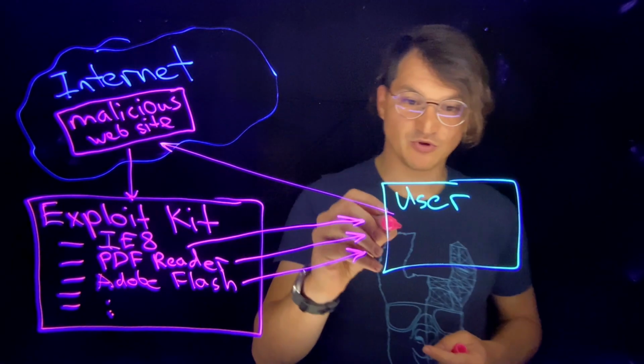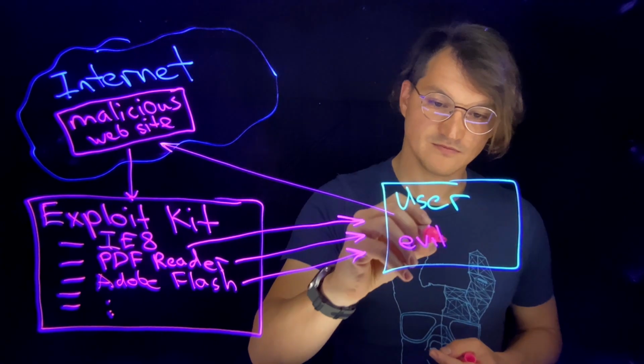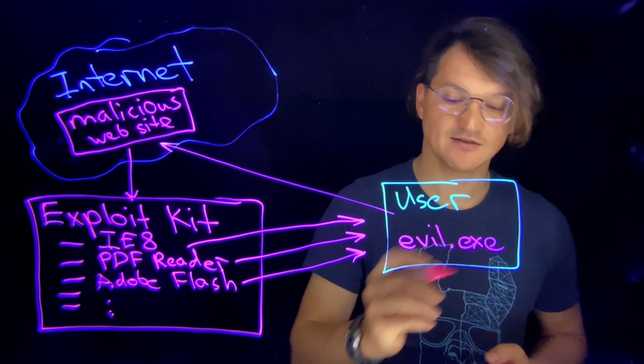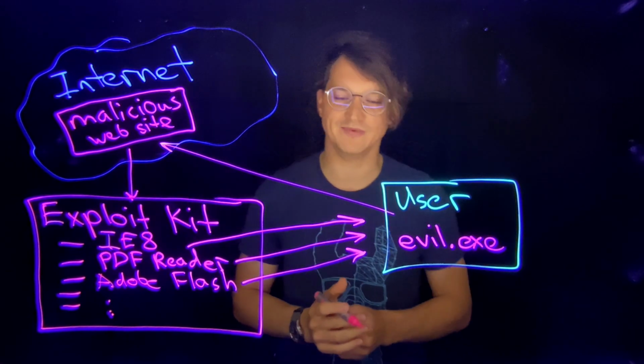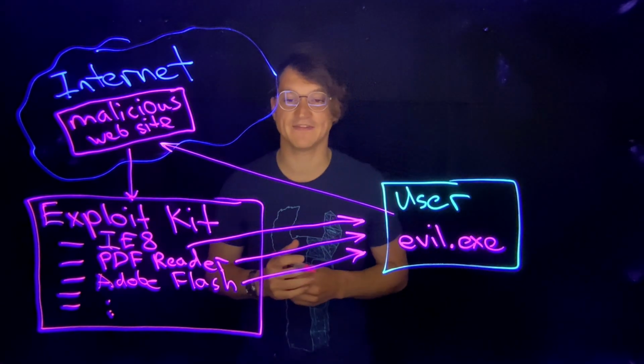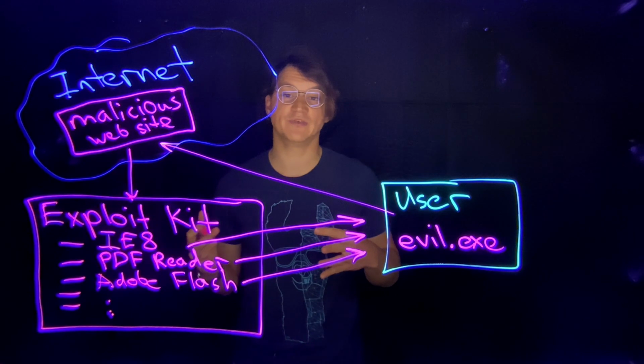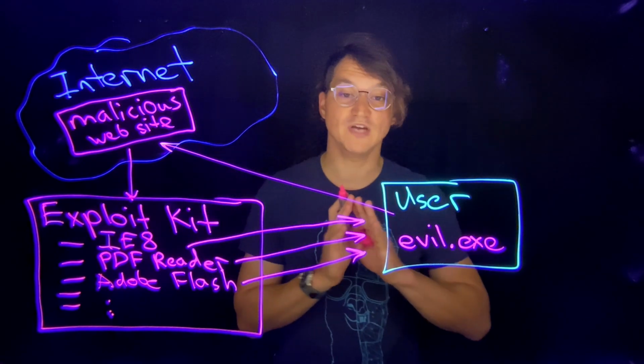And what those exploits do, they would eventually drop and execute evil.exe. Of course, it would not be called evil.exe, it would be some other name, but the idea is that the user would not need to do anything.